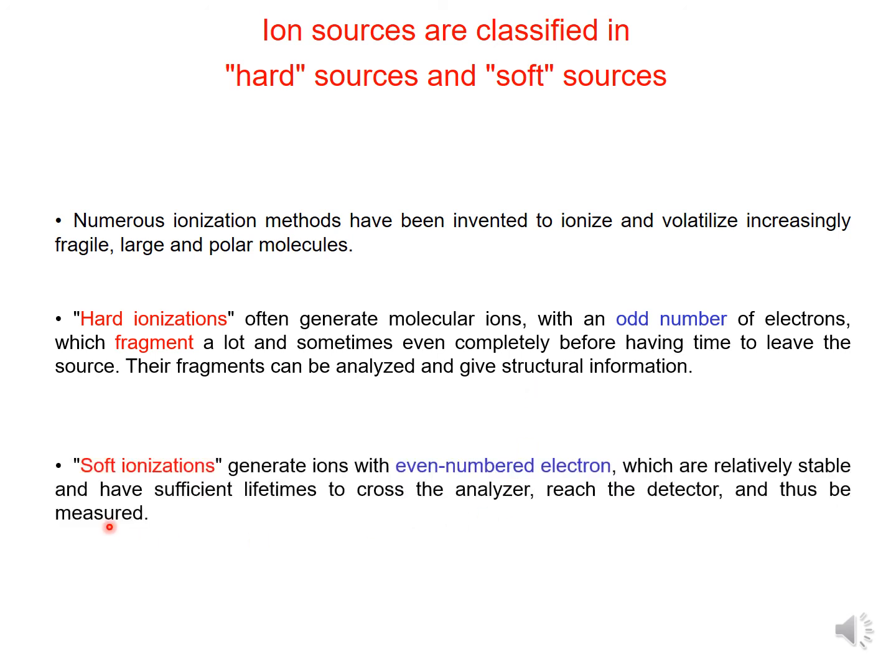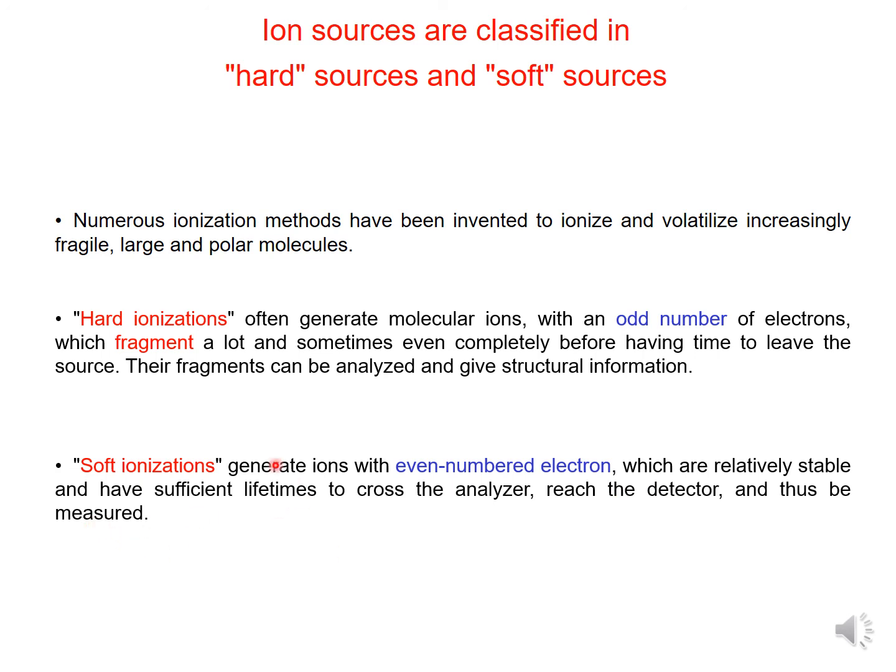There are also soft ionizations. This soft ionization gives less energy and then generates ions with an even number of electrons. In that case, generally this is protonation or deprotonation, which are relatively stable and have sufficient lifetime to cross the analyzer, reach the detector, and thus be measured.